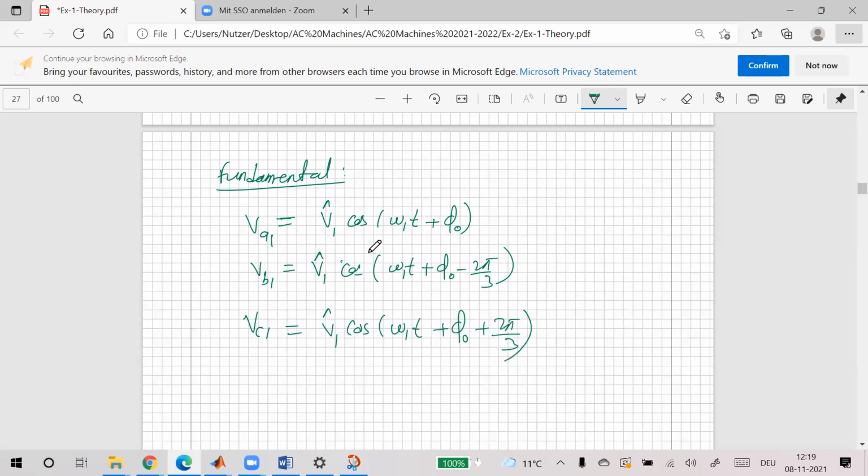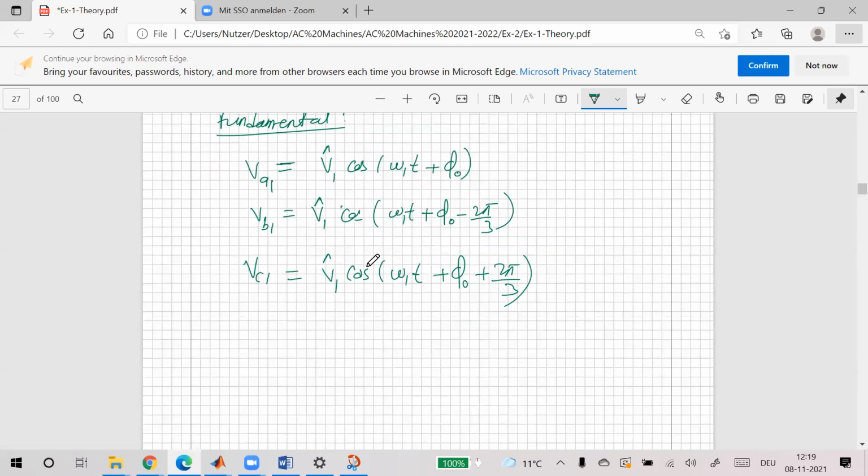Is this correct? So this is your positive sequence, first order positive sequence fundamental component.